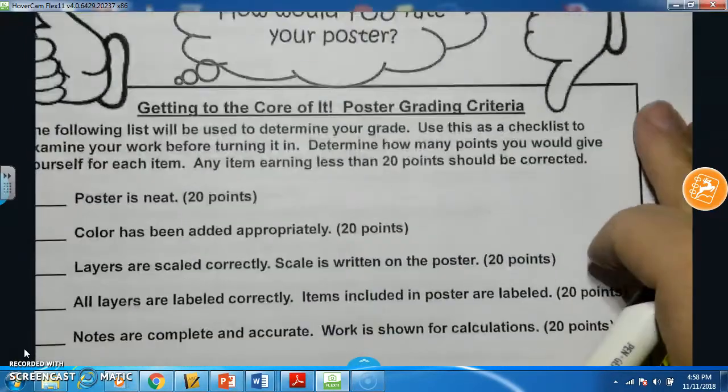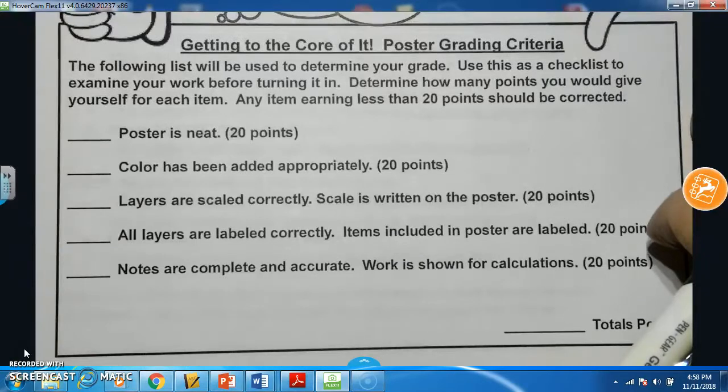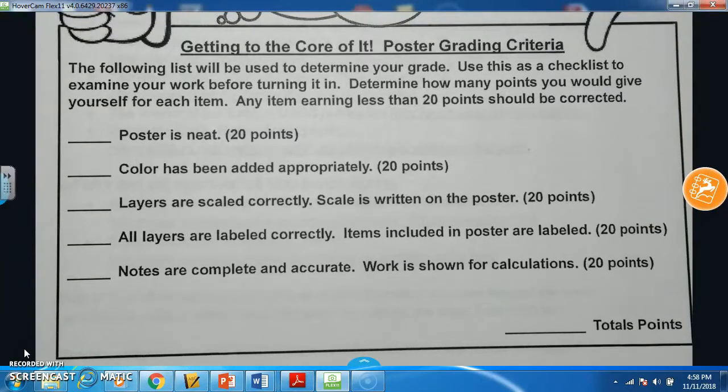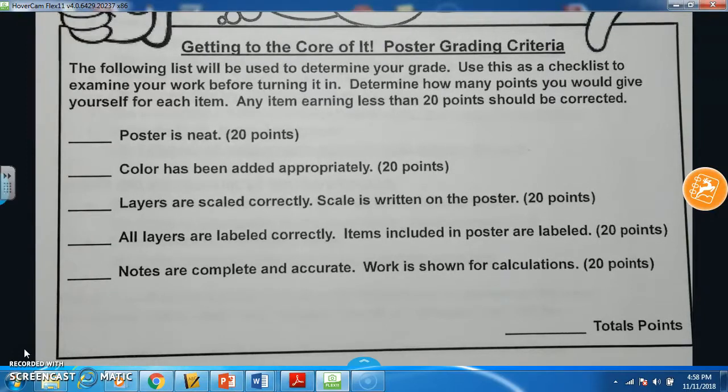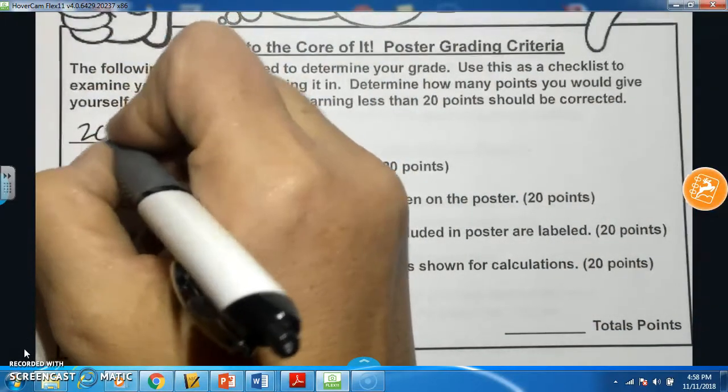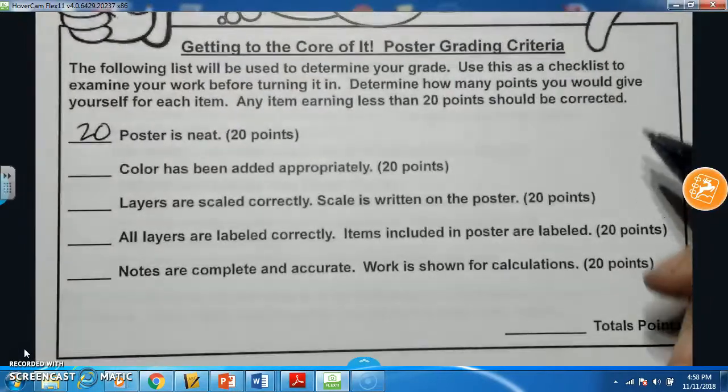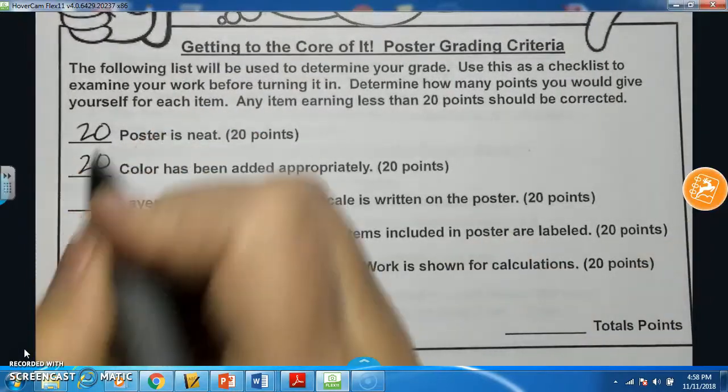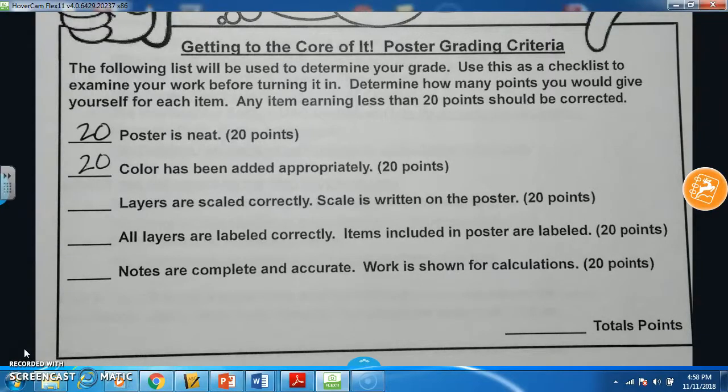So, how would you rate your poster? The following list will be used to determine your grade. Use this as a checklist to examine your work before turning it in. Is it neat? Have you used the correct colors? Have your layers been scaled correctly?